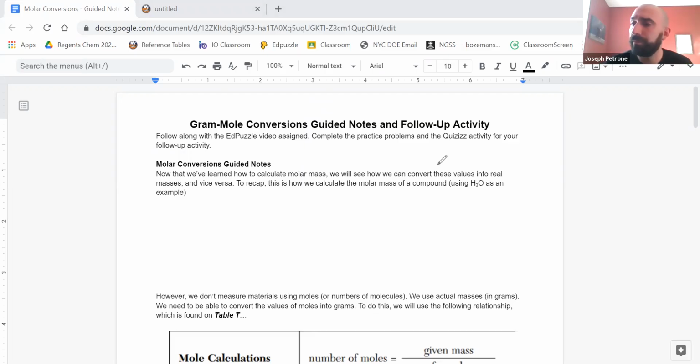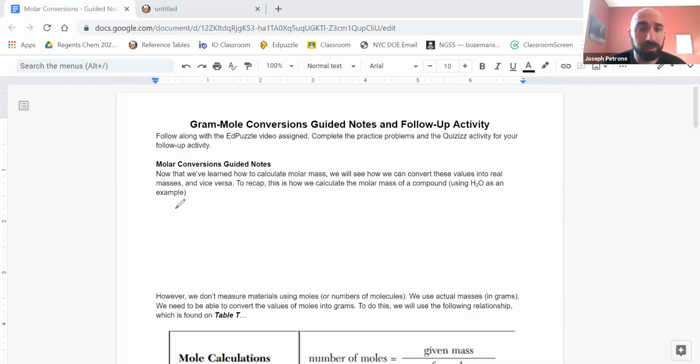H2O, water, dihydrogen monoxide, you may remember. Oh, didn't plug my board in. Okay, sorry about that. To calculate the molar mass of H2O, what we're going to do is look at the atomic masses of each element within the compound.